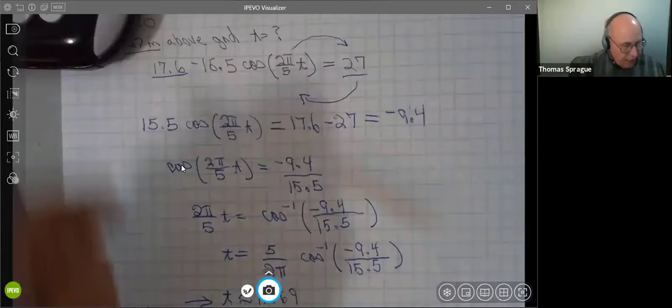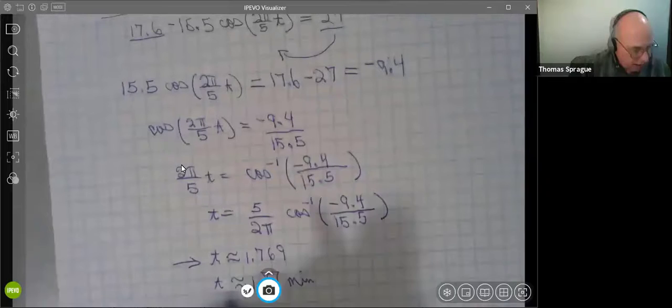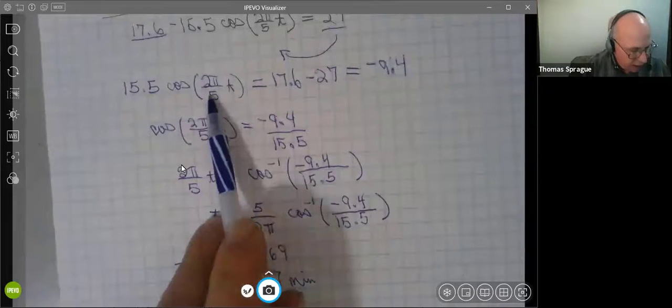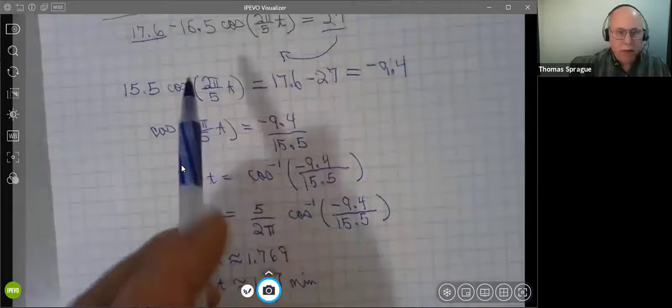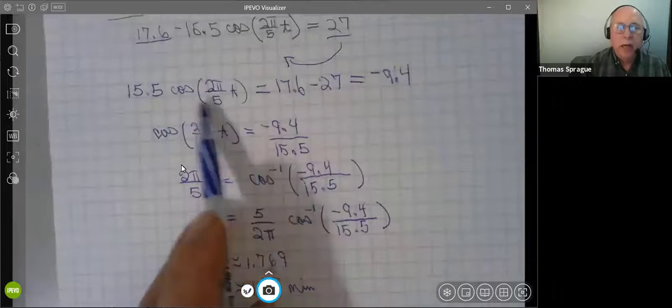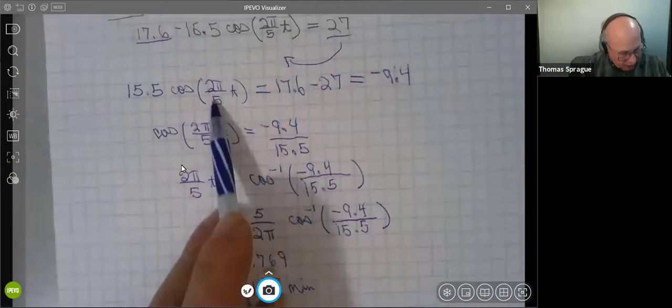But it's not a matter of adding pi. Unfortunately, it's more complicated. The period of this function is not 2 pi. It's 2 pi divided by 2 pi over 5.